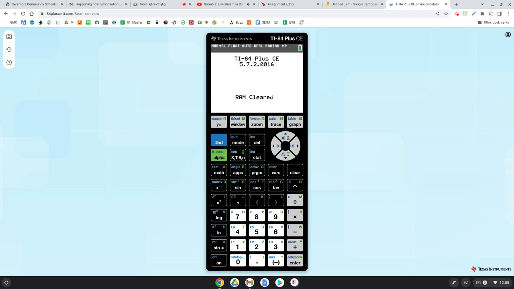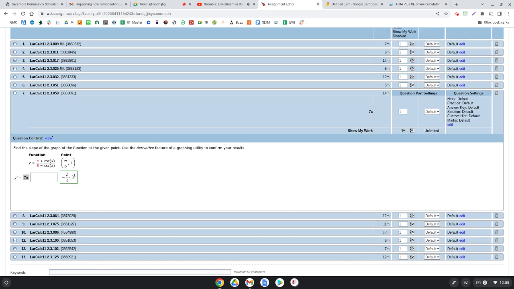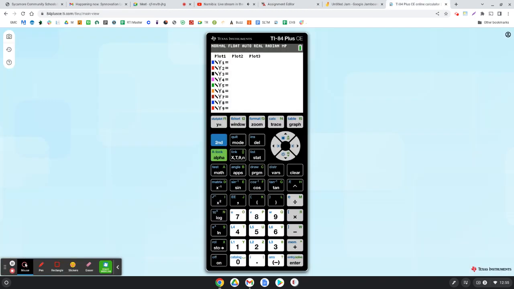All right, here we go. What were the two numbers? We got 4 and 8. So, alpha, y equals, enter. 4 plus cosecant of x. Cosecant of x is 1 over sine of x. So now I need an alpha, y equals, enter. 1 over sine x.